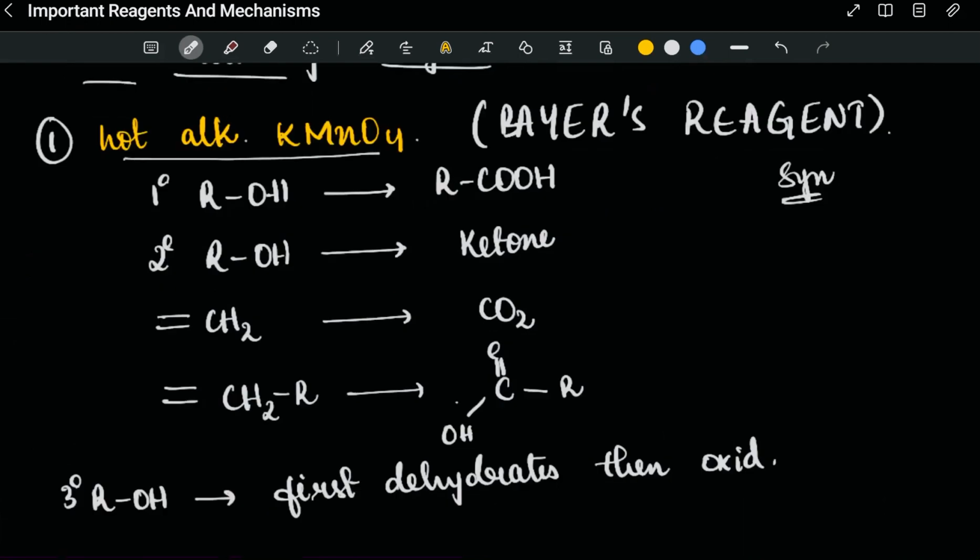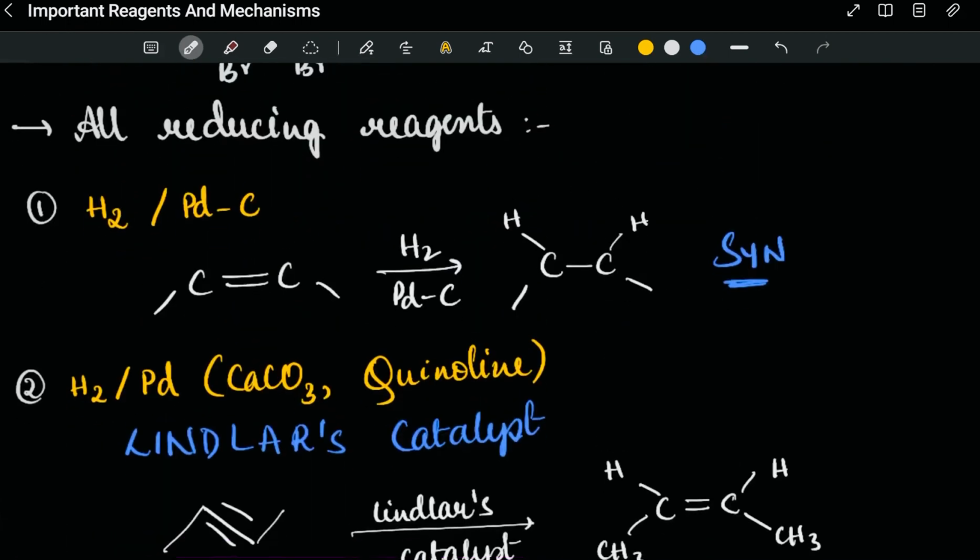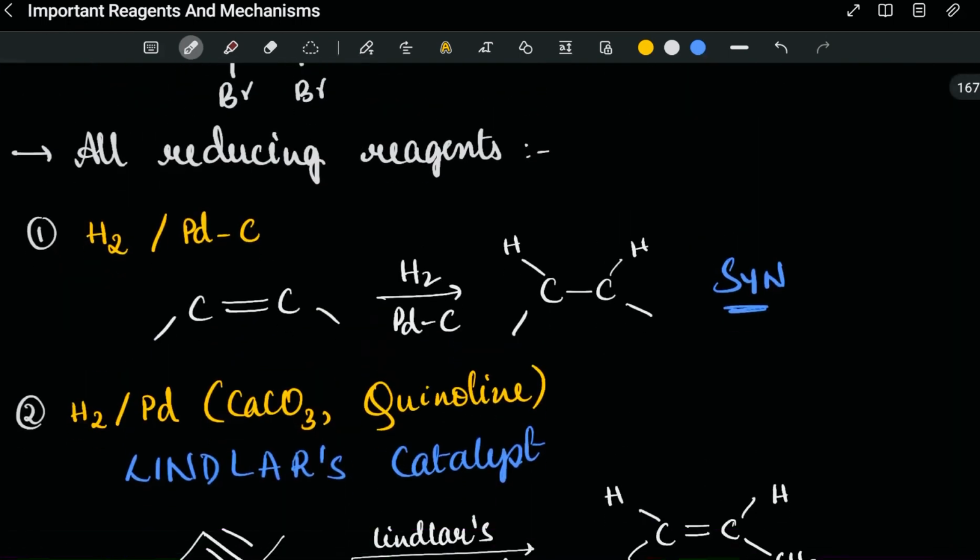So let us start with some specific reducing agents. Now we have H2/Pd, H2/Pd-C. Whenever we have an alkene, we'll do hydrogenation and the hydrogens will be added by syn addition. Okay, this is a very simple hydrogenation reaction.